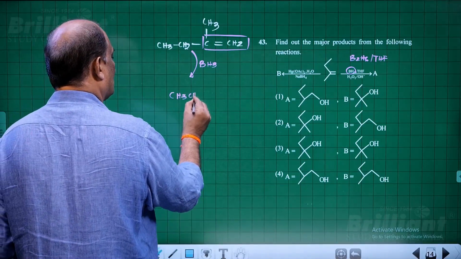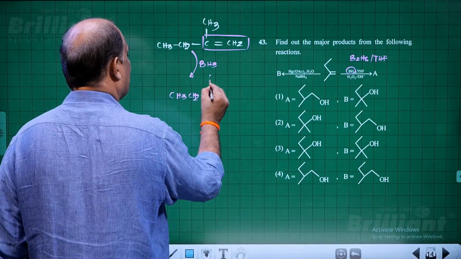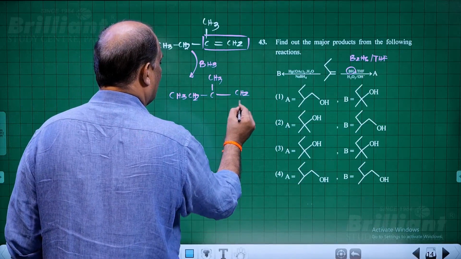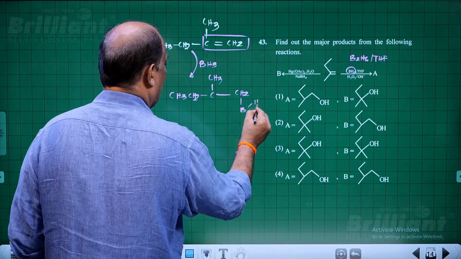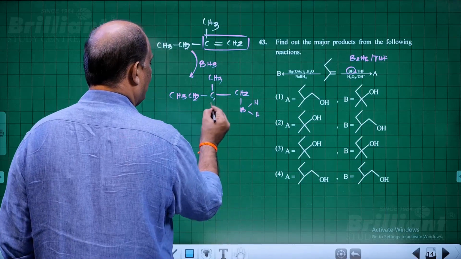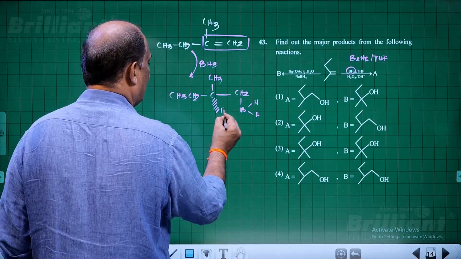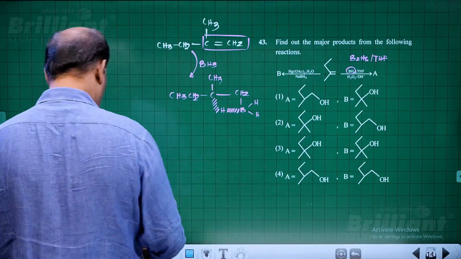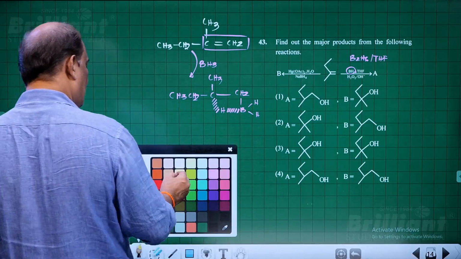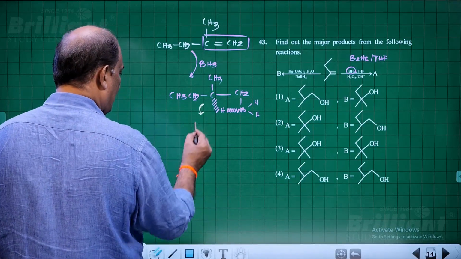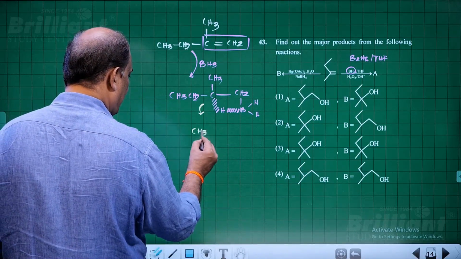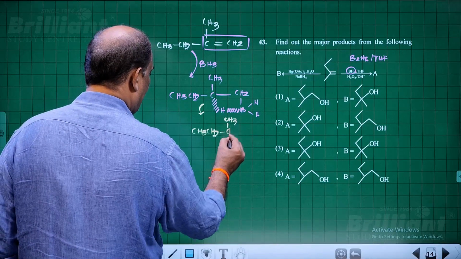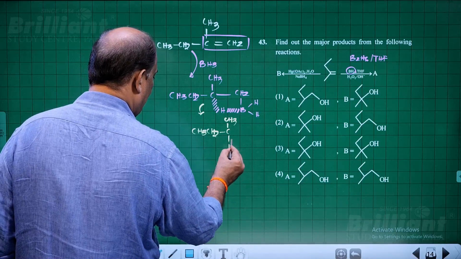CH3, CH2, then C, CH3, again CH2, then B, again hydrogen, hydrogen. There is a four-membered transition state. Now immediately that is converted to CH3, CH2, CH3, and this hydrogen is coming from here.